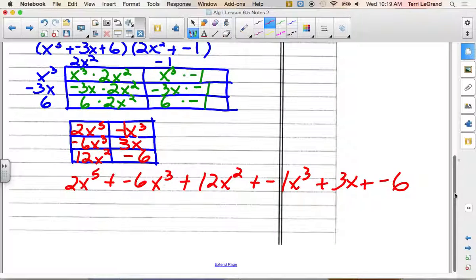Before I move on, challenge any part of this, if you do the same products as I did. This time going down the columns doesn't put them in the order I want them, but that's okay.